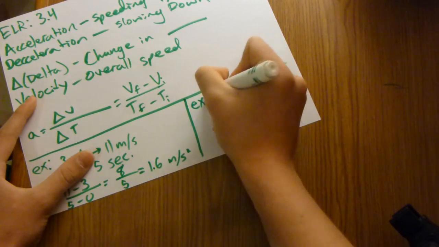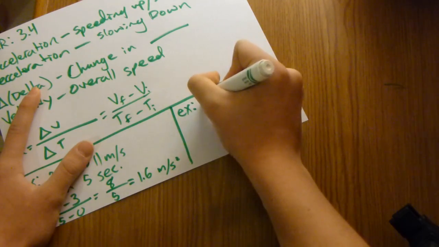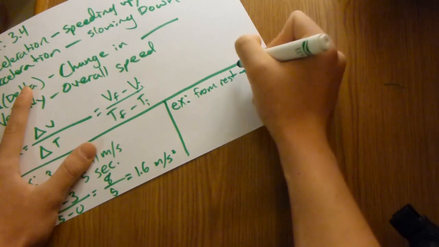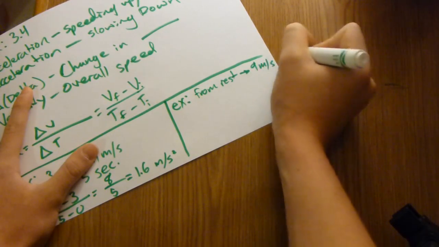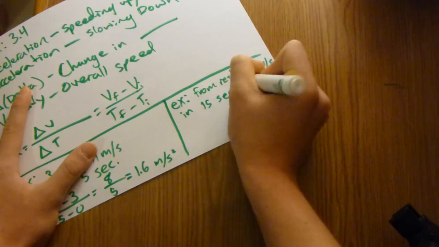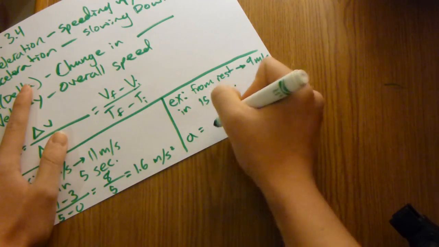Another example for a slightly different scenario. An object goes from rest to 9 meters per second in 15 seconds. So in order to calculate acceleration, just enter everything into our equation.